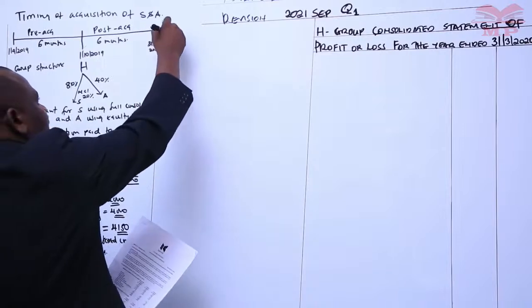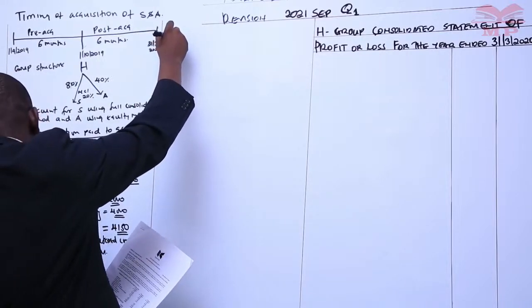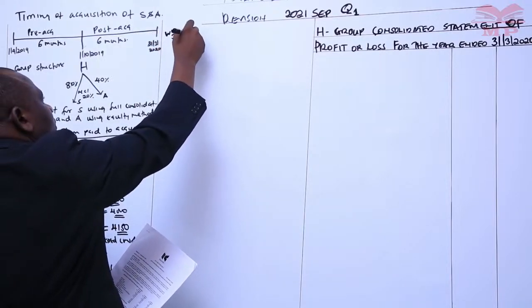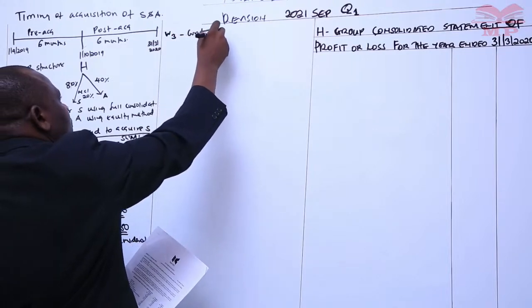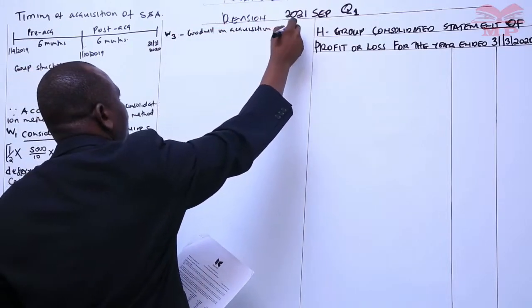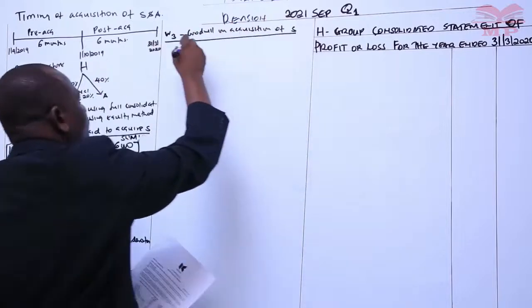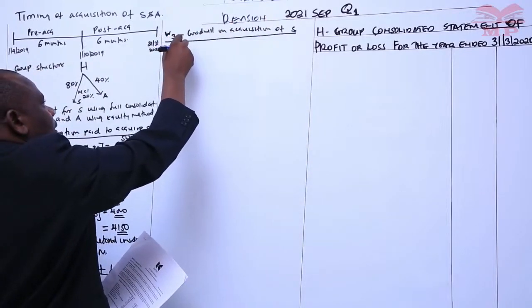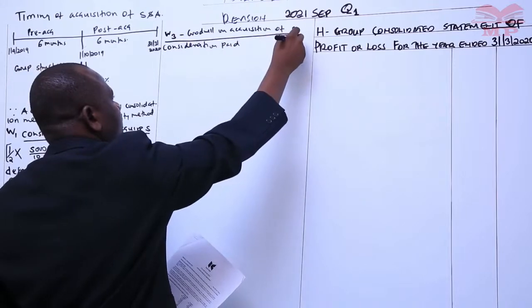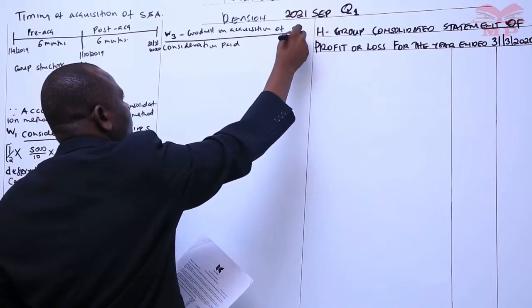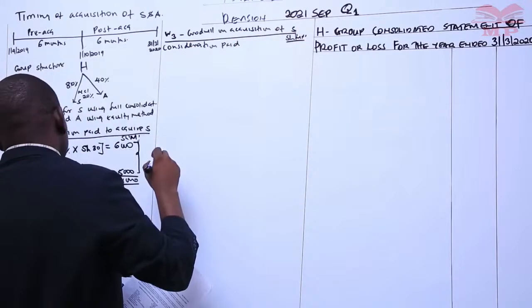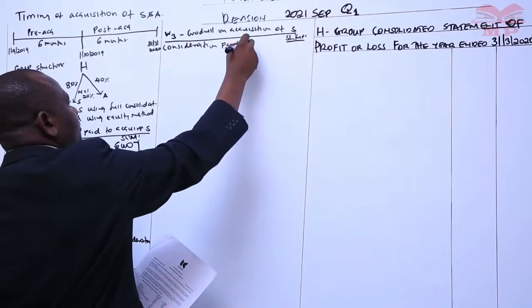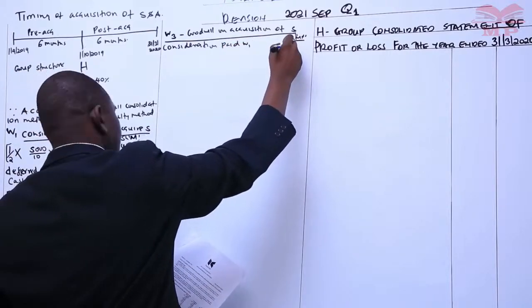So let us start with working 3, goodwill on acquisition of S. We start with consideration paid, shillings in millions, which is working 1, 11,000.